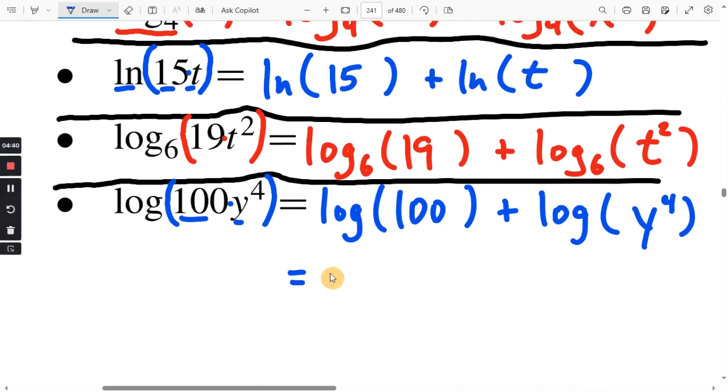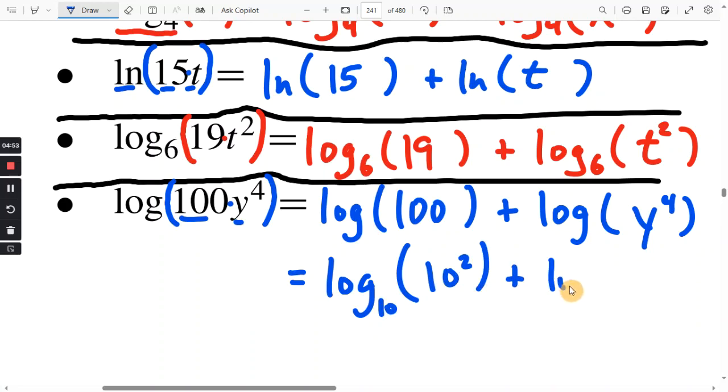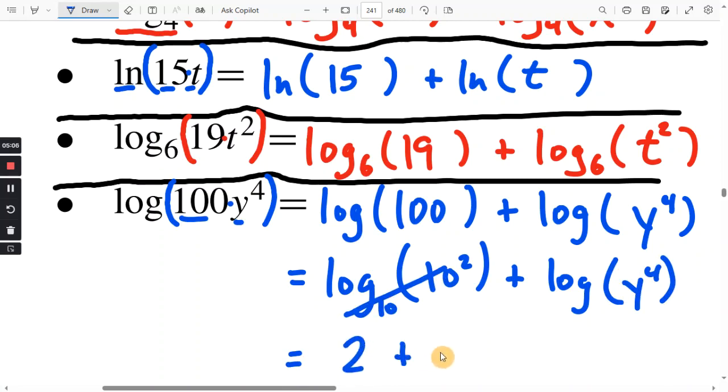Log of 100 is the same as log of 10 squared. Okay, and the base on this log, when there's no base, that's automatically a 10. Plus log of y to the 4th. Okay, and here, since the bases match, the 10 matches the 10, those cancel, and you're left with the 2. Plus log of y to the 4th.